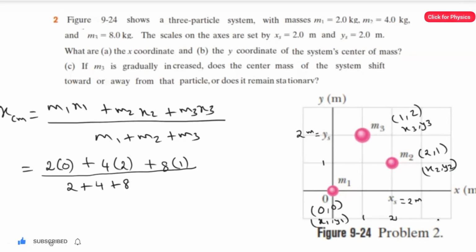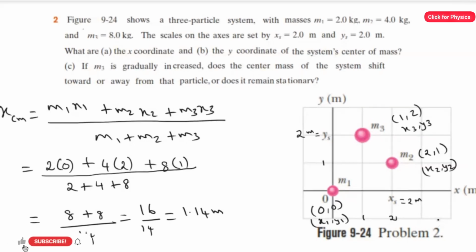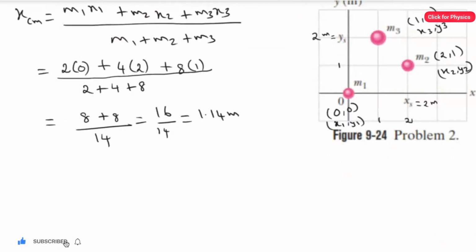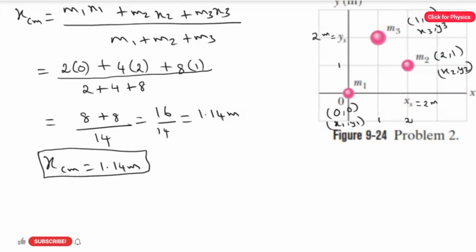Anything multiplied by 0 is 0, so this term is 0. 4 multiplied by 2 is 8, plus 8 multiplied by 1 is 8, divided by 8 plus 4 is 12, 12 plus 2 is 14. So we got 16 over 14, which is 1.14 meters. That's the value of x center of mass. So I can write x center of mass equals 1.14 meters.